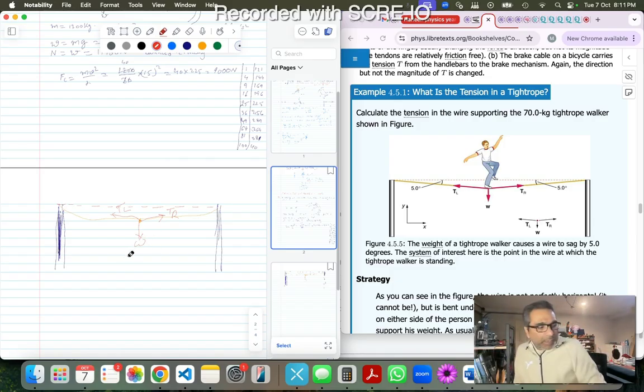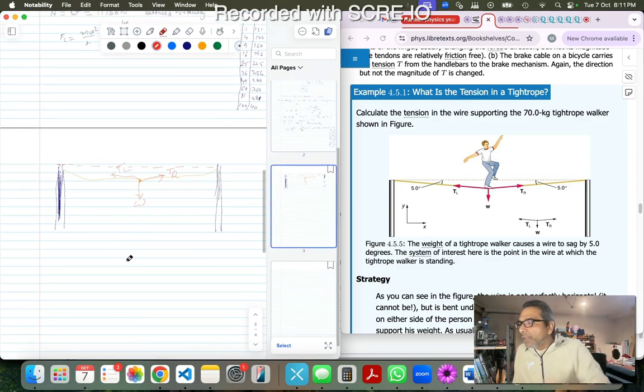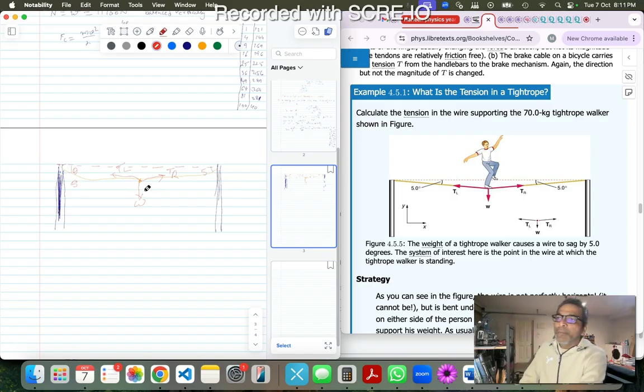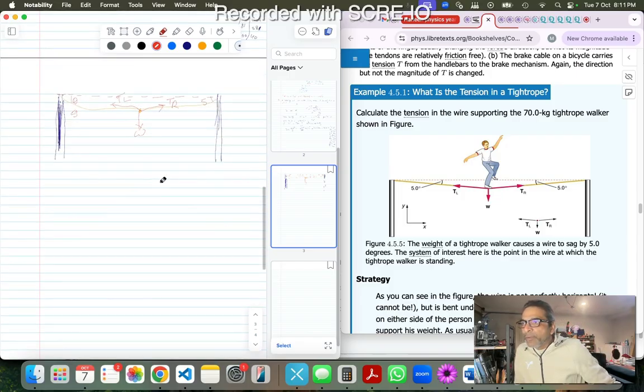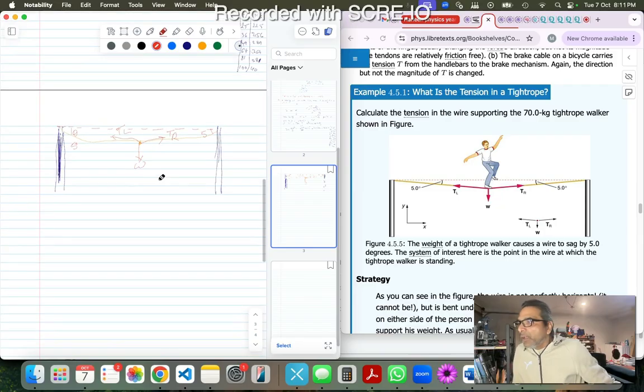Okay. And then there is an angle of 5 degrees on this side, and it should be the same on this side, which means the person is in the middle. Yes, so the person who is standing is the weight.